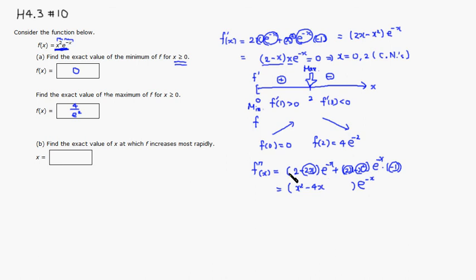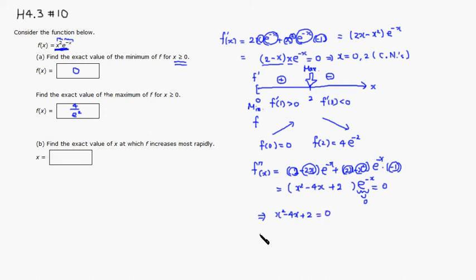Then you have a constant sitting here, so it's plus 2. We set that equal to 0. The exponential function is always positive, so it's never 0. So the only chance we have is x squared minus 4x plus 2 equals 0.